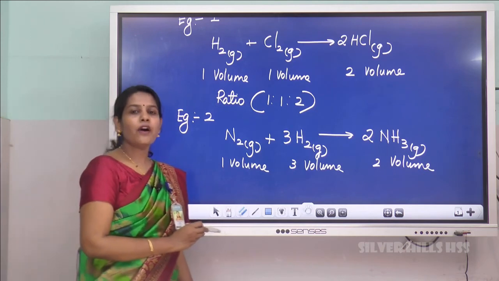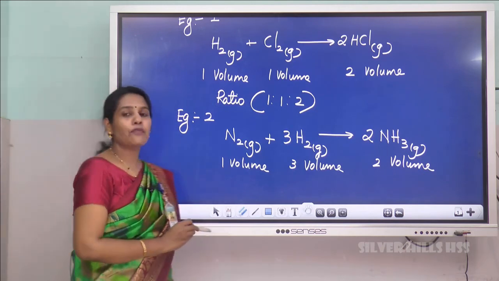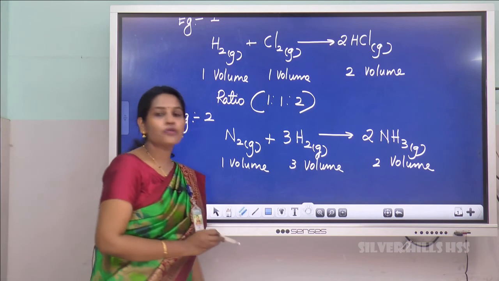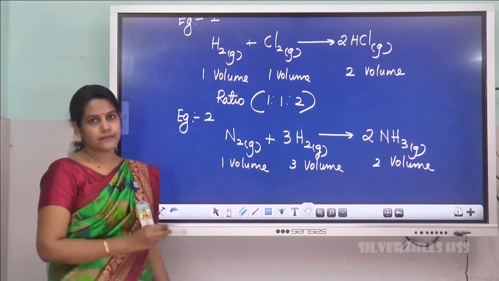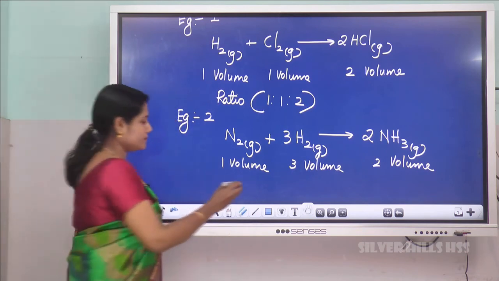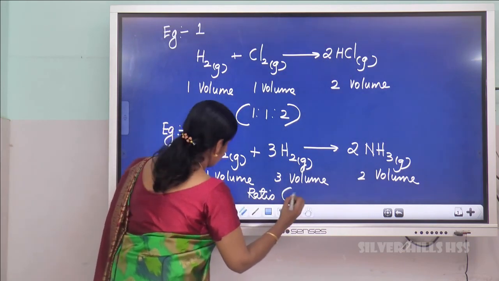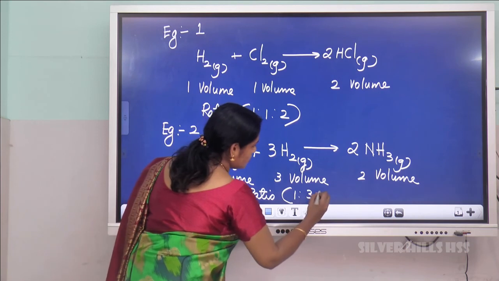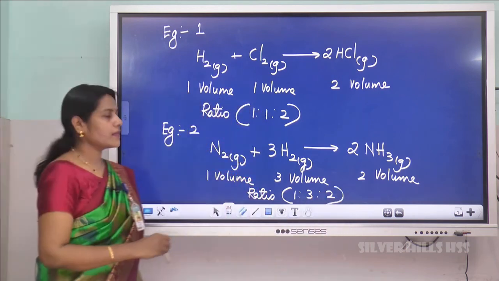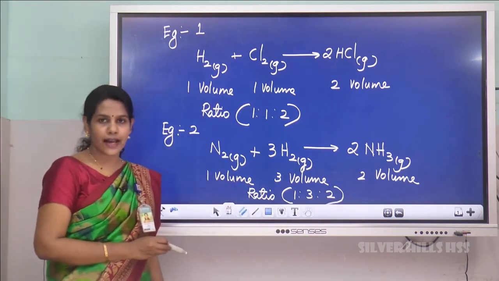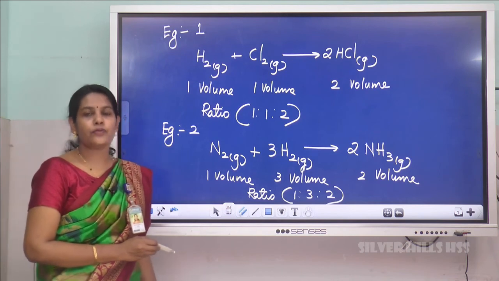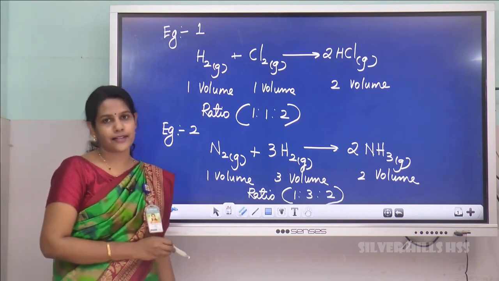Here, 1 volume of nitrogen reacts with 3 volumes of hydrogen to give 2 volumes of ammonia. So let us see the ratio here. 1 is to 3 is to 2. In both these reactions, you can see that there exists a simple ratio between the gaseous reactants and products.